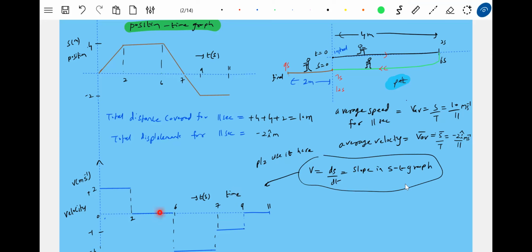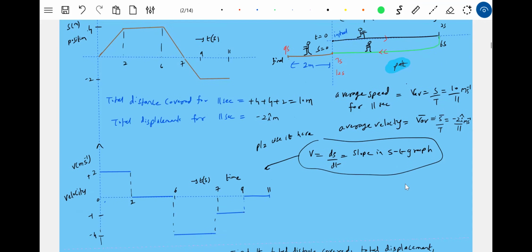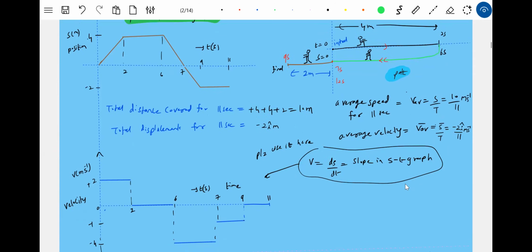Then, okay, next again for 6 to 7 seconds. What is the slope? The slope is negative, no? Here, how can we calculate? So we'll do one thing. Can we calculate all those slopes? Yes, we can calculate. I'll go for the calculation part.